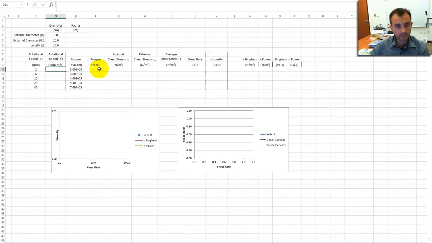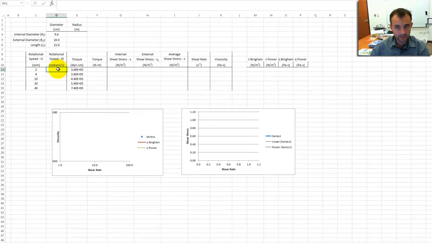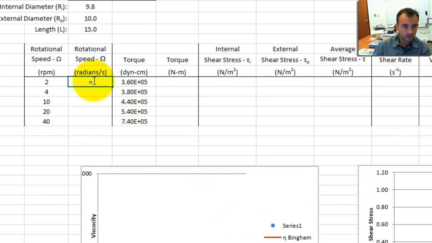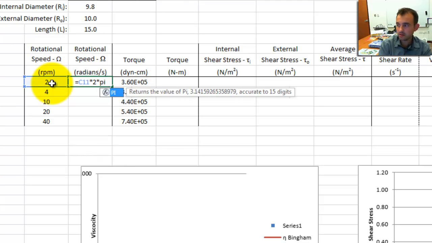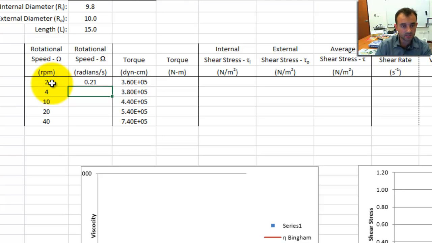I will do all the calculations for the first measurement and then we will expand it to the remaining. So the rotational speed in radians per second is rounds per minute times 2 times pi over 60 in this case, and then I have to convert the torque from the CGS system to the SI system.